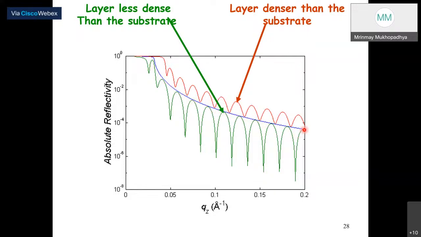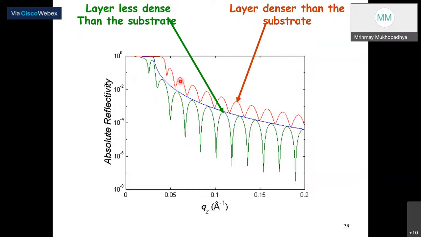Okay, and if you have a denser medium than the substrate, suppose I have deposited gold on silicon or quartz or glass, then gold has much higher density than the glass or quartz. That means the gold will be on top, and the bottom dip of these peaks will have the convolution of the substrate.